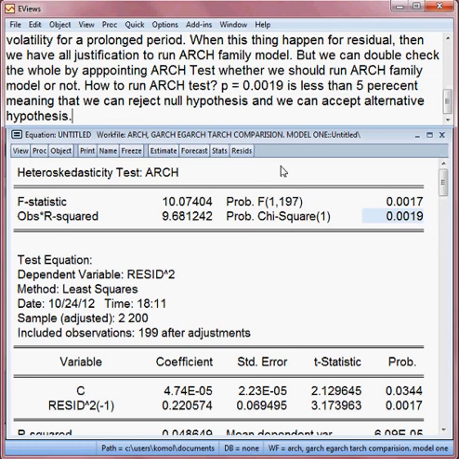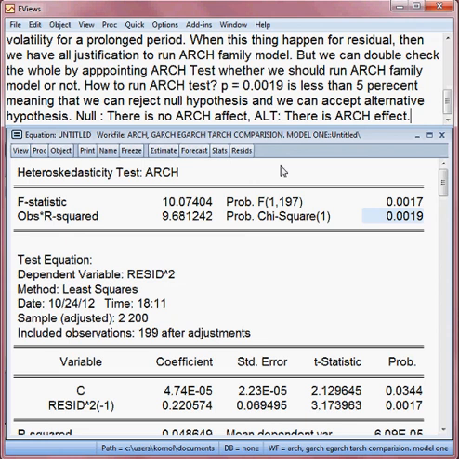Okay, so what is our null hypothesis? Our null hypothesis is there is no ARCH effect. And what is our alternative hypothesis? That is, there is ARCH effect. Okay.